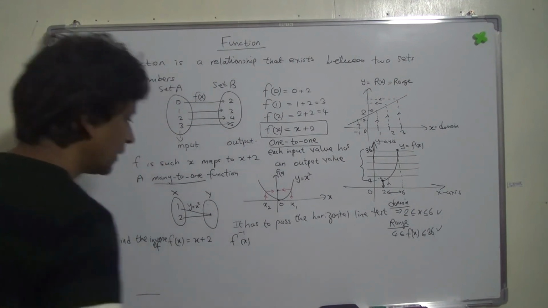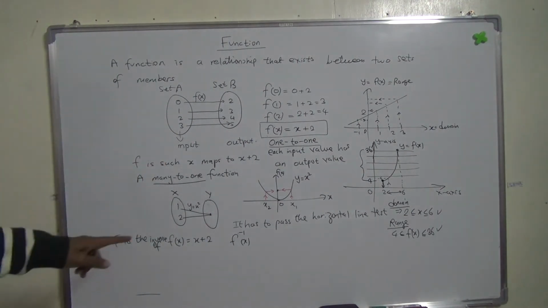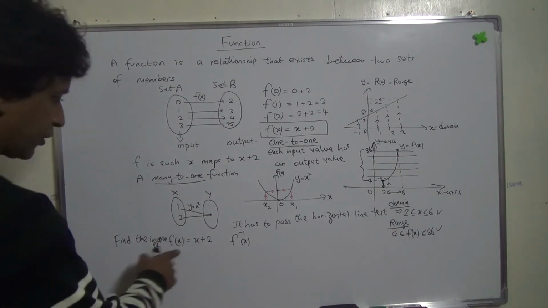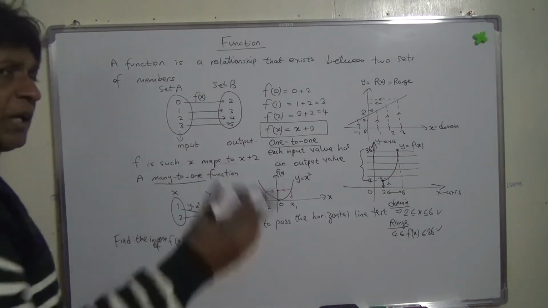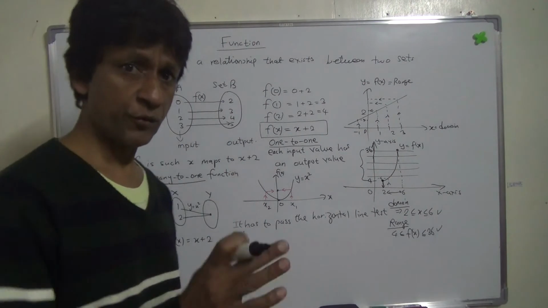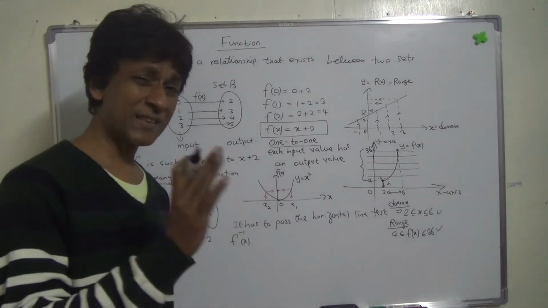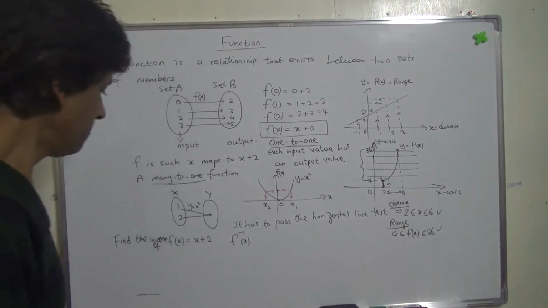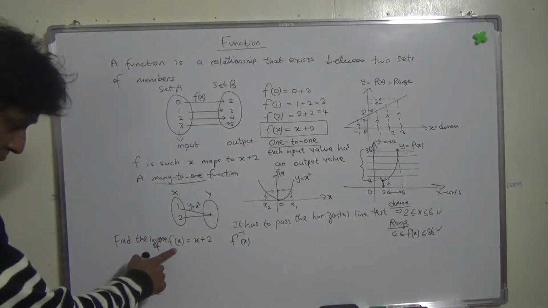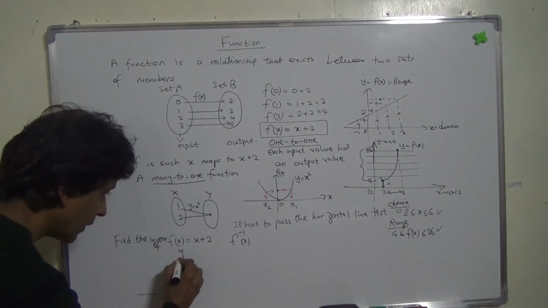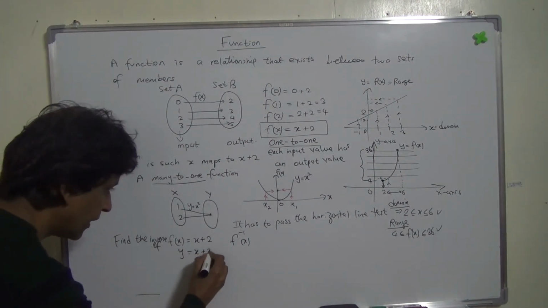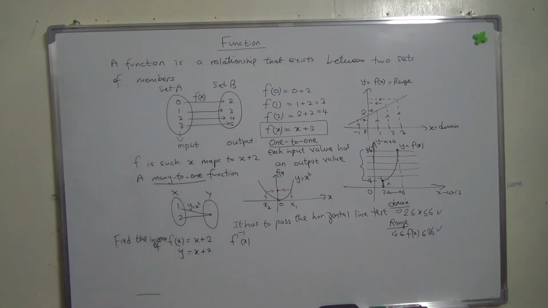So, how do we find the inverse of this function? And this applies to all the other functions as well. If you want to find the inverse, you always do the same thing, the same method. I'm going to call this y is equal to x plus 2. Then you can make x the subject of the formula.